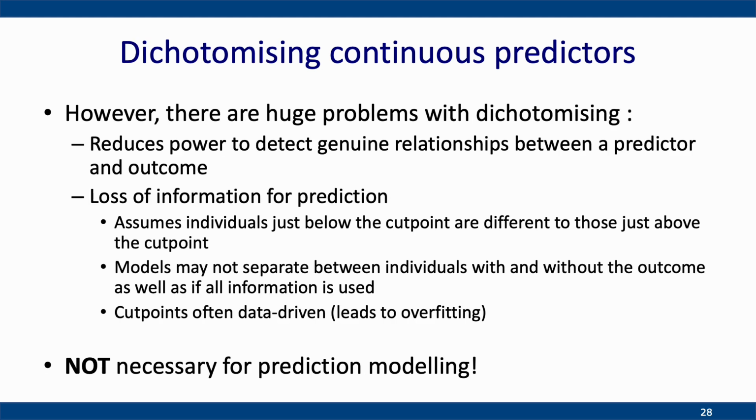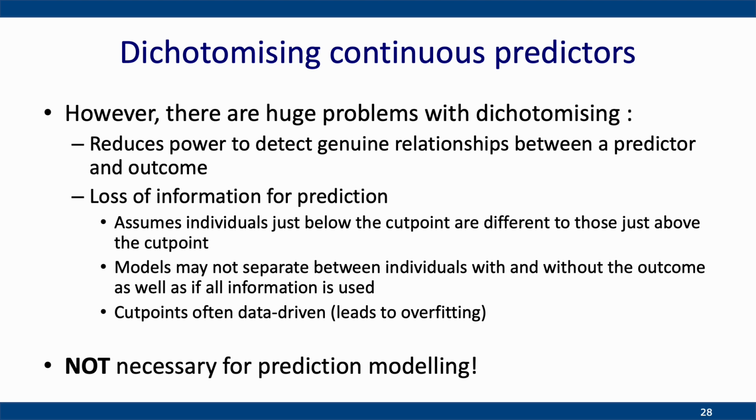For example, dichotomising reduces the power to detect genuine relationships between a continuous predictor and an outcome. If you lose information, then your model is having a lower C-statistic, for example, and is not giving a more individualized predicted risk. Rather, you're now putting people into groups, and that's what you're trying to avoid.